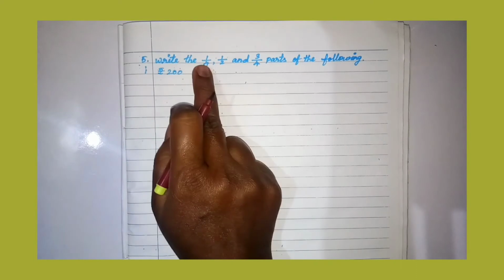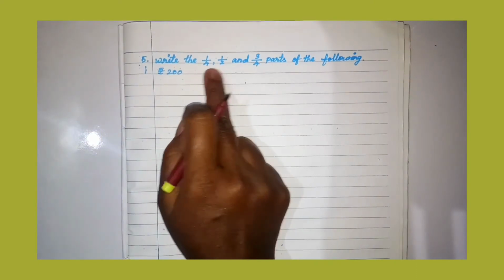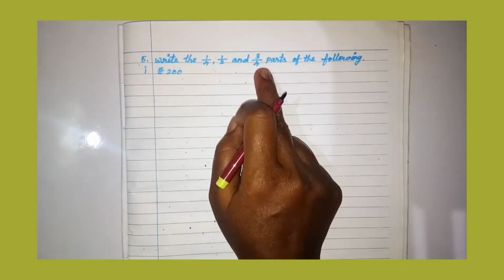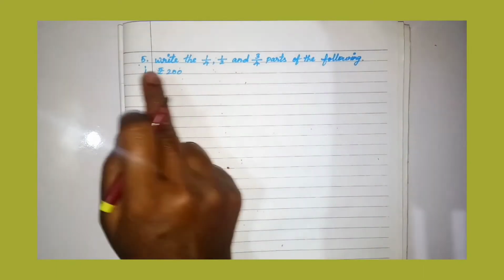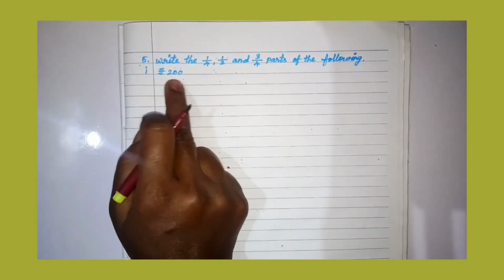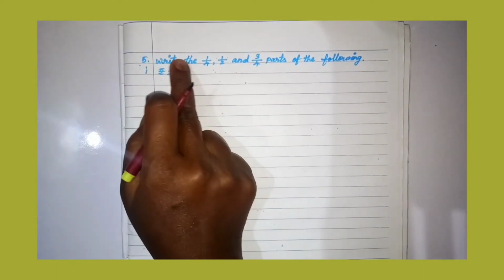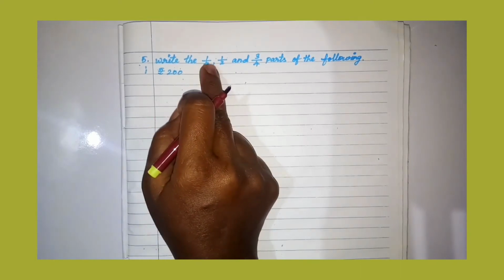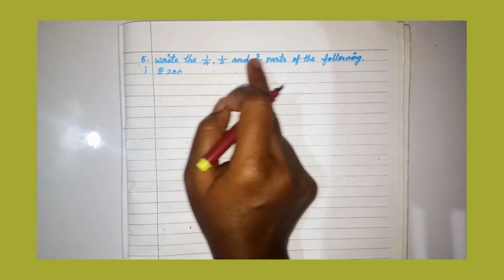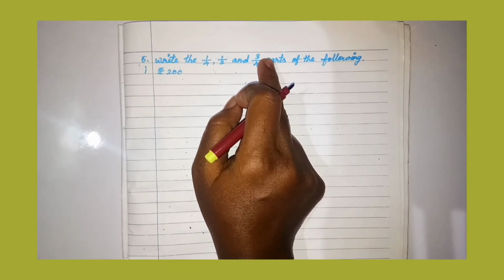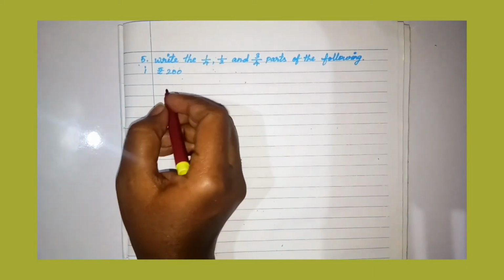Fifth sum, write the quarter, half and 3/4 parts of the following. First sum, rupees 200. The given 200 rupees, we have to write quarter part value, half part value and 3/4 value. So first we write quarter value.